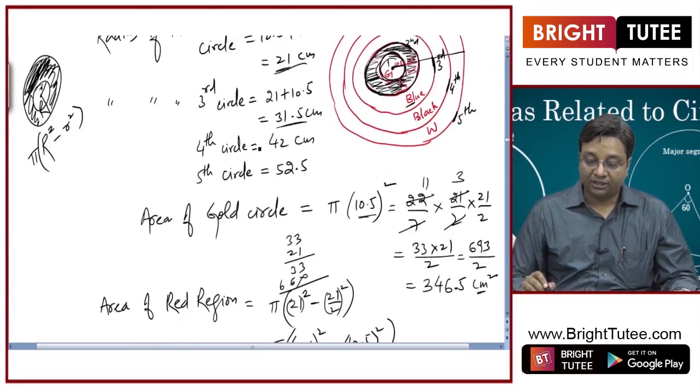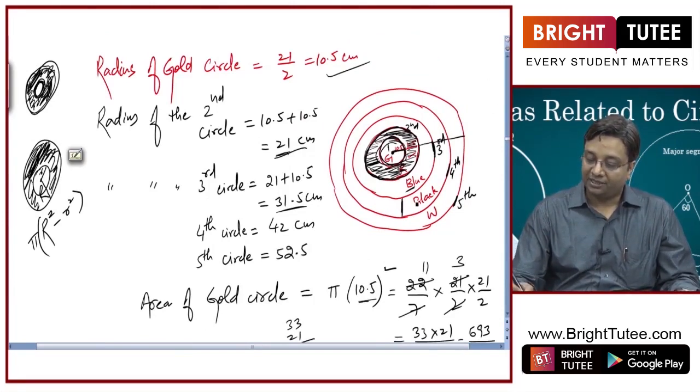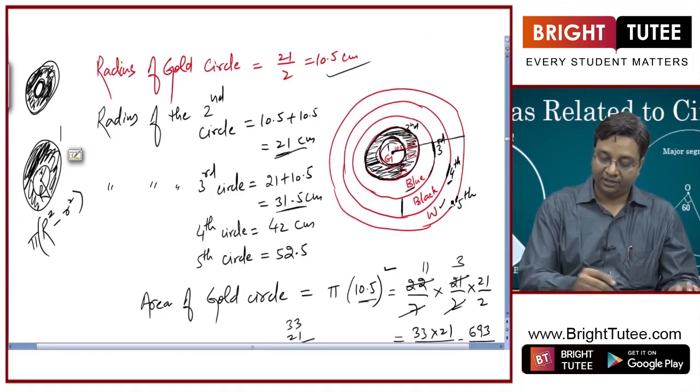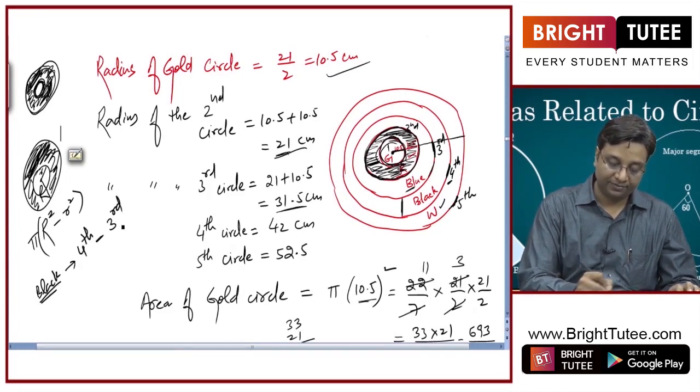Now I think this question is clear to you. You can calculate the area of the black region by subtracting the area of the fourth circle minus the area of the third circle. For the white region, you can subtract the area of the fourth circle from the area of the fifth circle, right? For the black region, what you can do is fourth minus third.